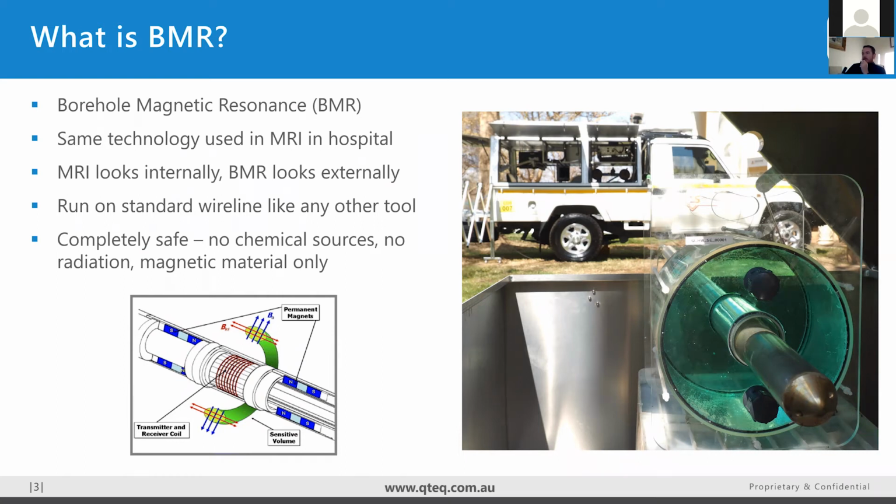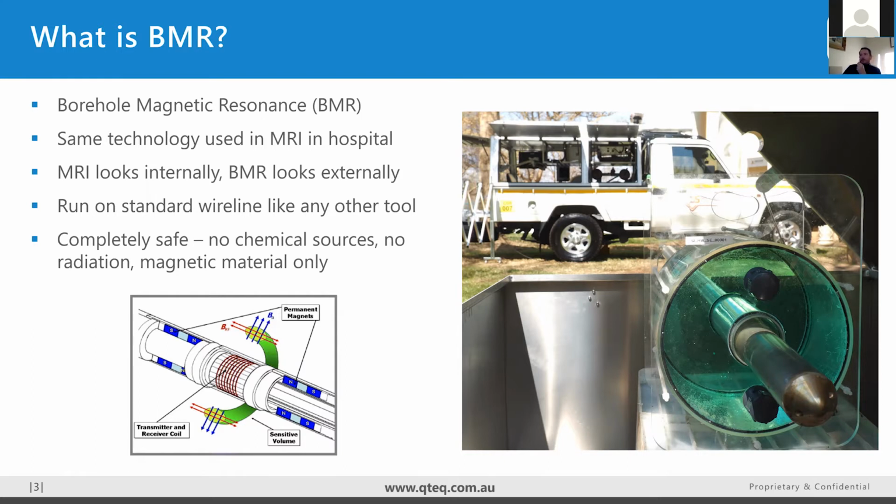Basically, it uses a magnetic field and some resonant frequencies to get a signal from the target nucleus you're looking at.